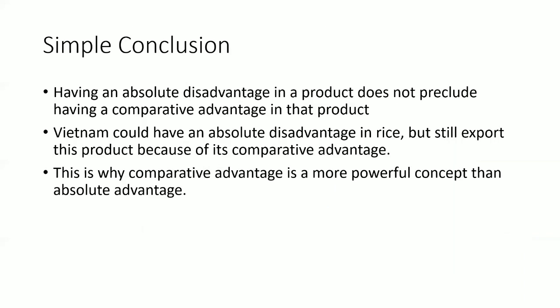All right, so a simple conclusion from what we have learned: having an absolute disadvantage in a product does not preclude having a comparative advantage in that product. Vietnam could have an absolute disadvantage in rice, but still export this product because of its comparative advantage. This is why comparative advantage is a more powerful concept than absolute advantage, which we learned in the previous chapter.